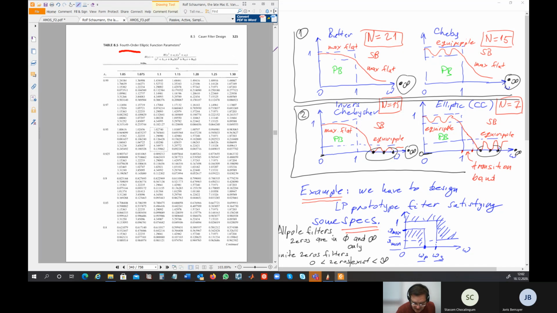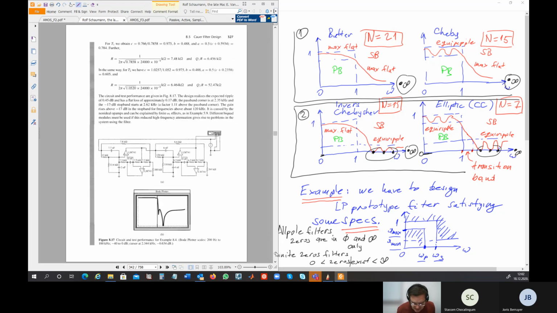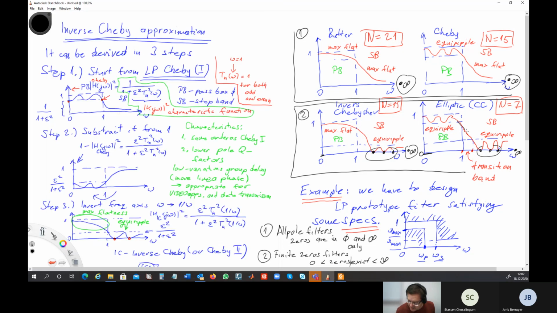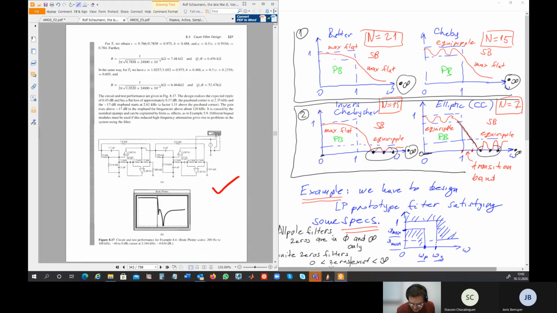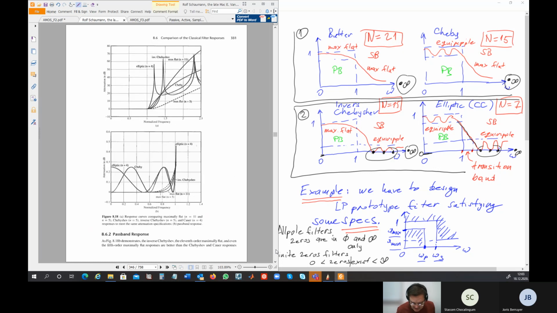And of course, here you have one example, which is solved later, example 8.4, and then you can try to design such a filter. This is the typical Bode characteristic of the elliptic filter. And as you see, it's very steep here. Okay. Here is a comparison of all these filters.